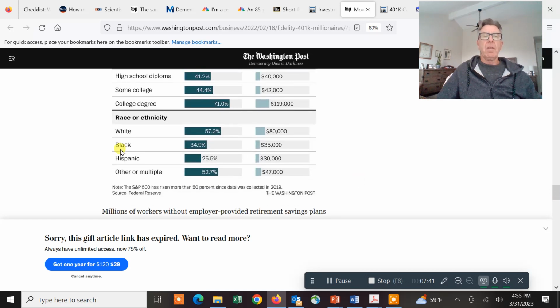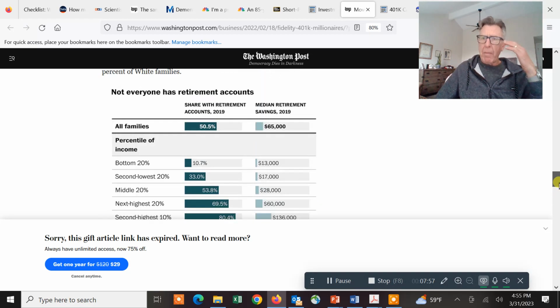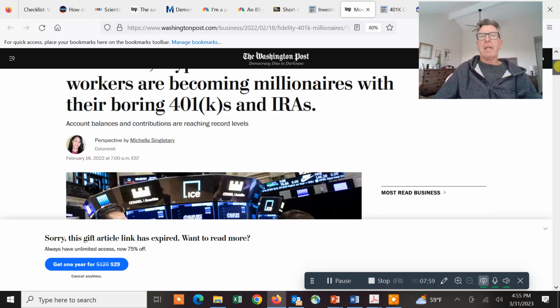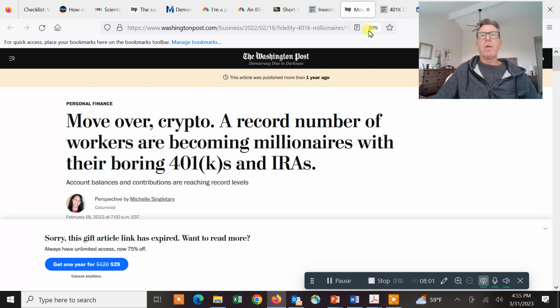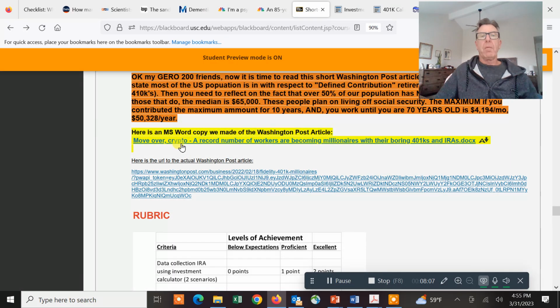But then you see again this racial, ethnic disparity, and we see that white America has a lot better participation than other ethnic groups in our country. So these are things that you wrap your head around and discuss at the end. All right, that was our goal. So that was the take on that. And again, that article is in here, and here's the copy of it right there.